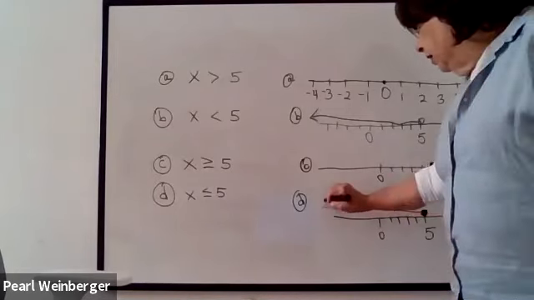Notice how these arrowheads follow the arrow on the number line. When the inequality points to the right, we make the arrow to the right. When the inequality looks like an arrow to the left, we make that arrow to the left. So these are the 4 types of inequalities you could encounter.